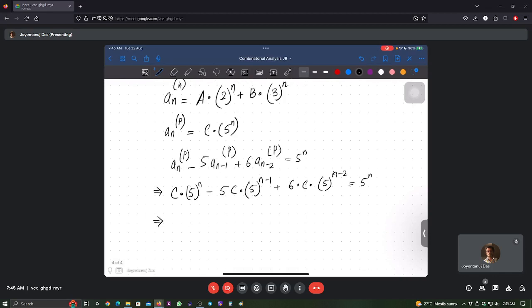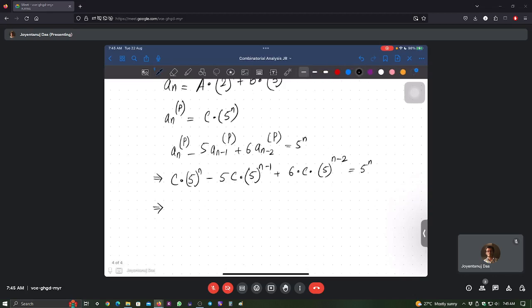So what can we take common from the three terms? c is common in all of them, and the highest power of 5 common is 5 power n minus 2.